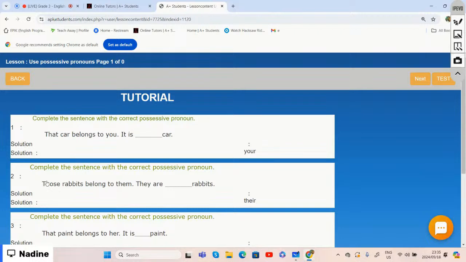If that car belongs to you, then we can say it is your car.